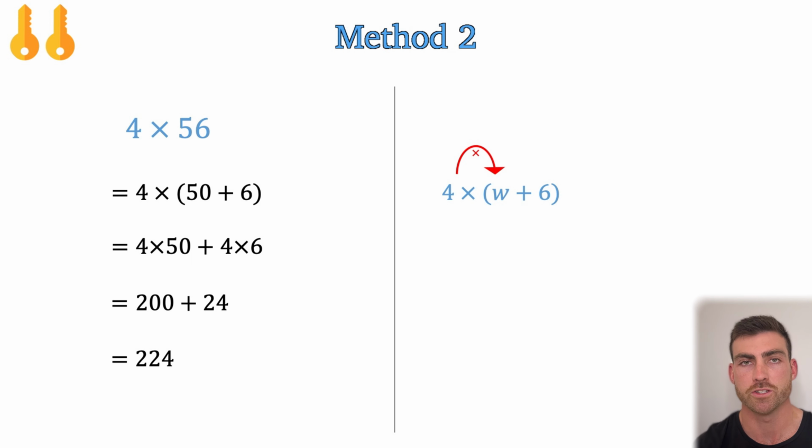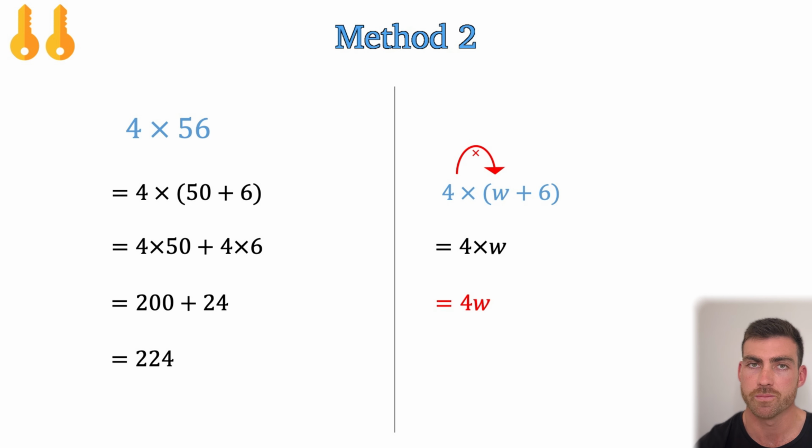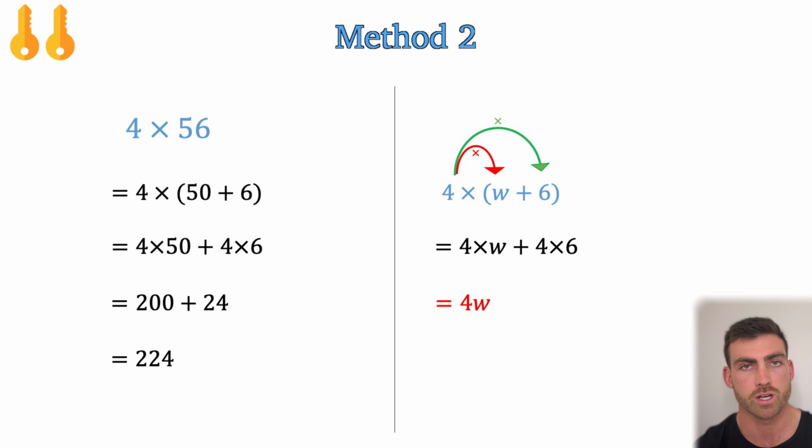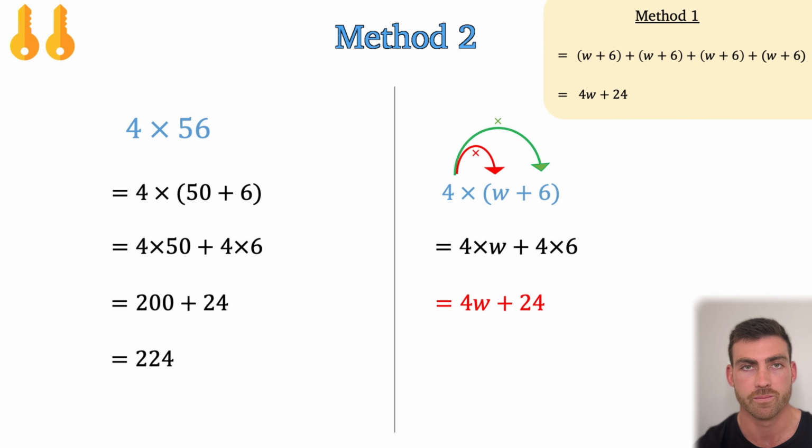Distribute and multiply the term outside by each term inside the brackets. Starting with 4 times w, this just equals 4w, then multiply 4 times 6, which equals 24. Did you notice that this is the same question and answer that we looked at in method 1?